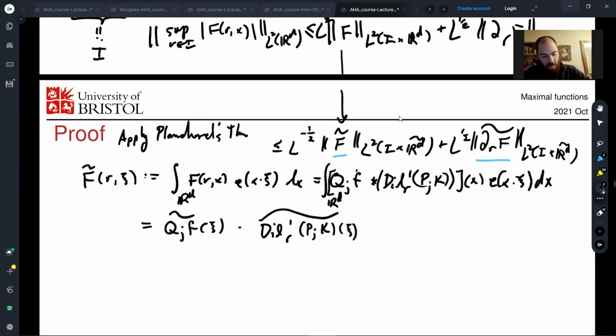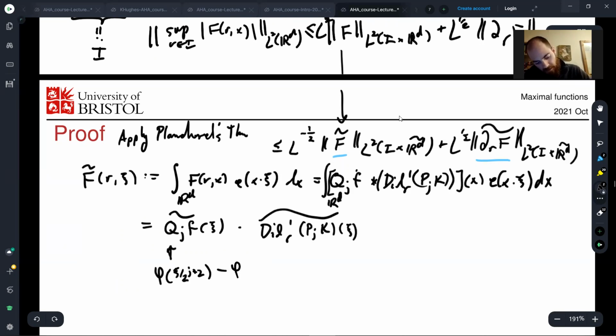All right. Well, this, remember, has the effect of Q_j is basically phi of xi over 2^{j+2} minus phi of xi over 2^{j-1}. Yeah, that's the Fourier multiplier.